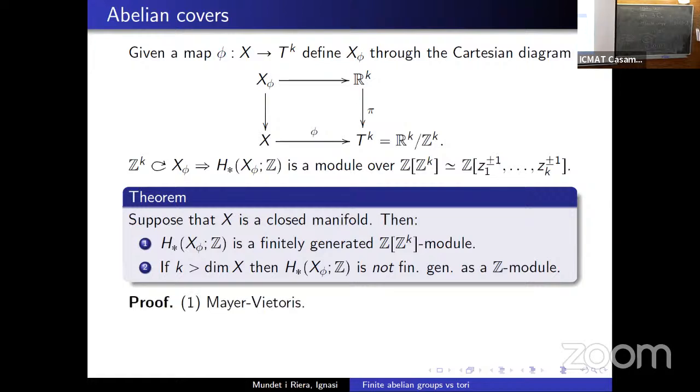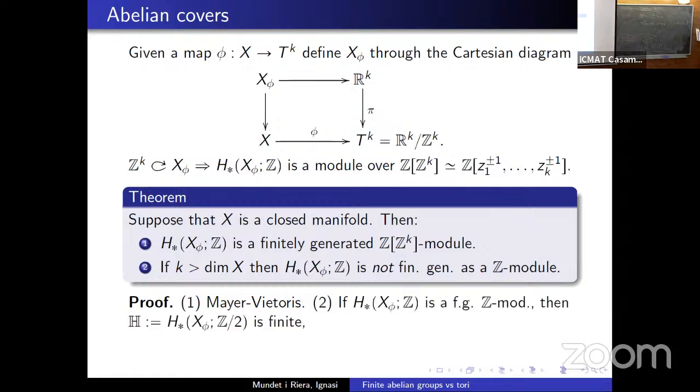Okay, so very briefly, the proof of the first part uses Mayer-Vietoris, Mayer-Vietoris for homology with coefficients in a local system. That's very standard. For the second part, if you assume that the homology is finitely generated as a Z module, then taking coefficients in Z mod 2 or Z mod 3, whatever finite field, the homology is going to be a finite group.